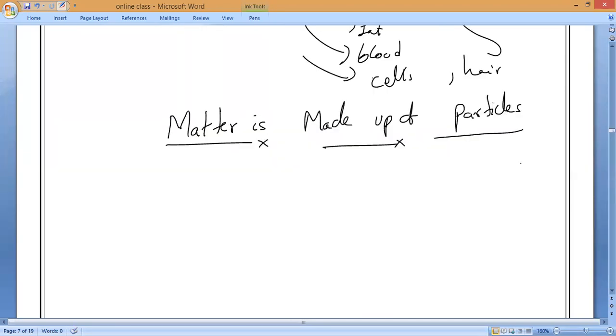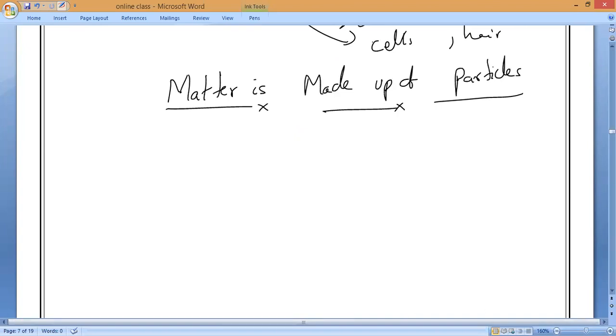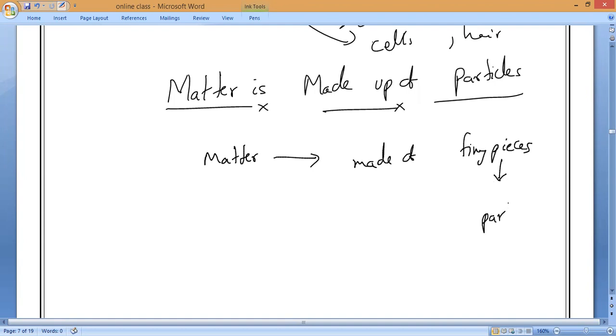If you take any kind of matter in our surroundings, everything is made up of very tiny pieces. Those pieces we call particles. What do we call them? We call them particles.